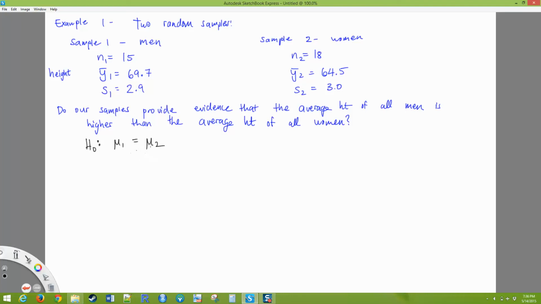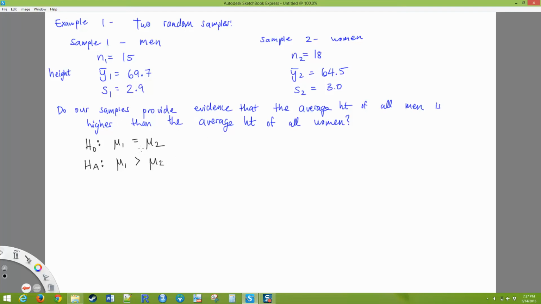You always got to put an equal sign in there. So for the alternative, I'm going to do mu1 is greater than mu2, because that's what this question is asking. Is the average height of all men higher than the average height of all women?